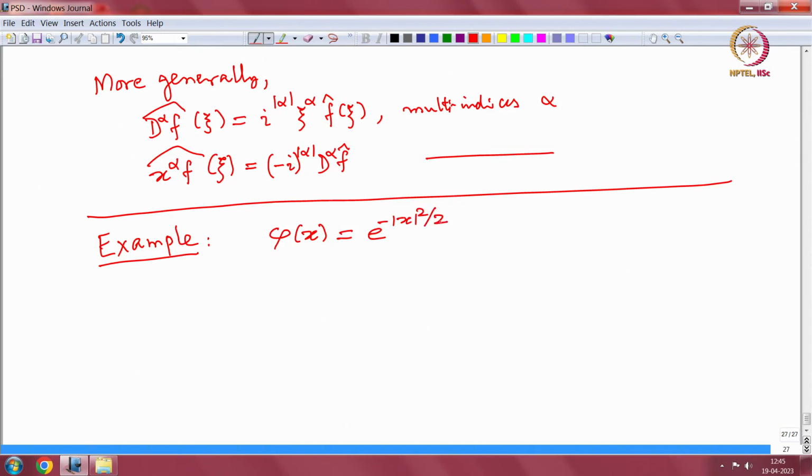You can actually do the hard computation. This is one function whose Fourier transform is itself.